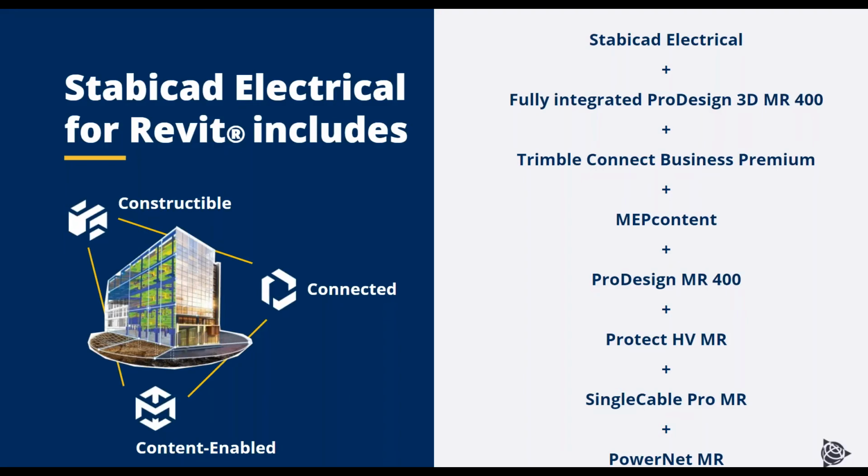But crucially, a Stabicad Electrical bundle also includes the 2D ProDesign applications that a lot of our audience today are using. So the consideration is moving to a subscription to access all of the Revit integrated workflow alongside the 2D products. The 2D products included in the bundle represent our top feature set.